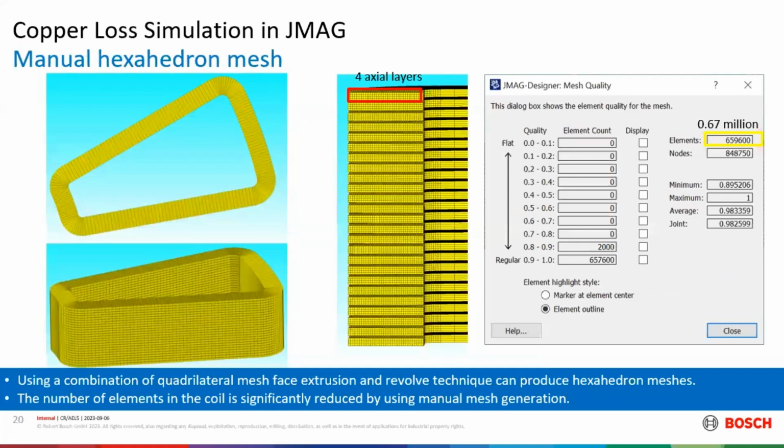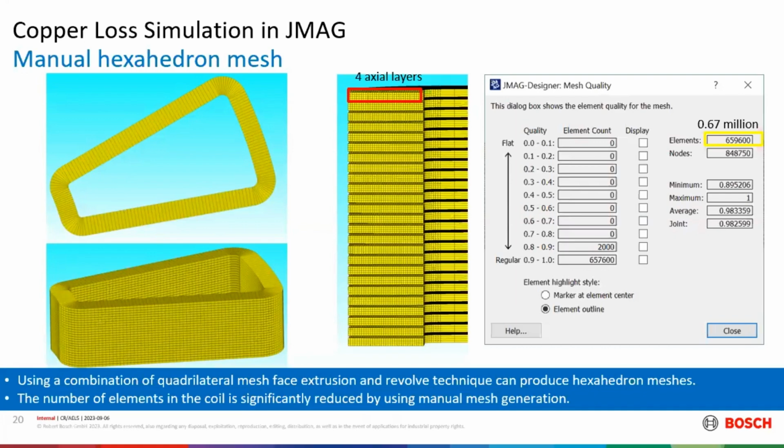But fortunately, you can draw your own regular hexahedral mesh directly in the JMAG geometry editor. What I did is draw the quadrilateral mesh first in a 2D plane.